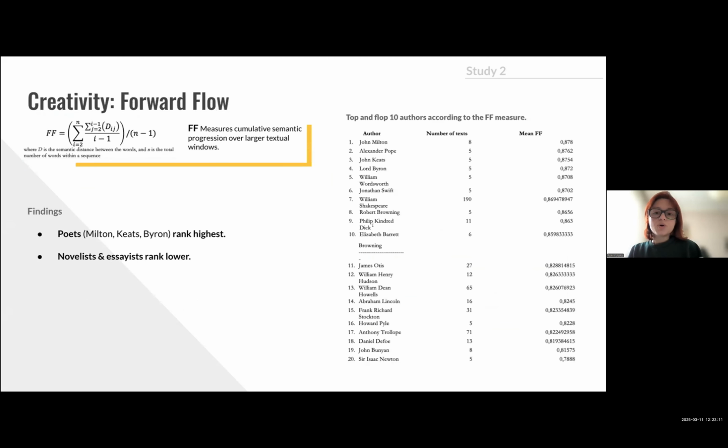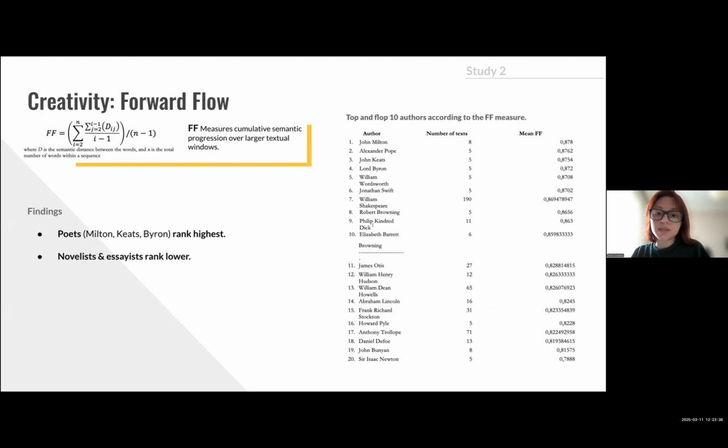Forward flow is used here to estimate creativity by analyzing semantic jumps. The higher the forward flow, the more expansive the idea development. The results shown in this table indicate that poets rank highest in forward flow, led by John Milton, Alexander Pope, and John Keats. Meanwhile, essayists and novelists such as Lincoln, Trollope, and Defoe rank lowest.